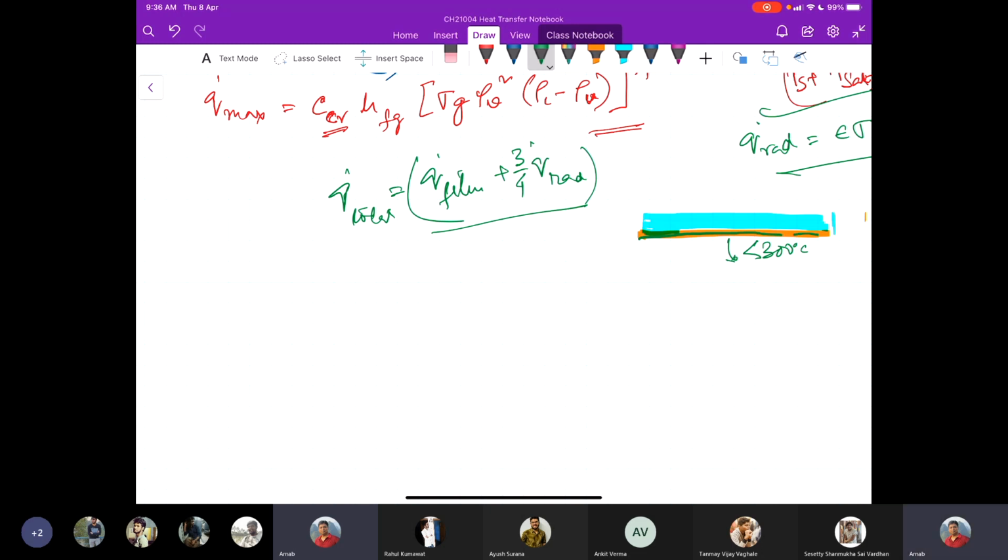It has been shown that, in fact, by a factor of 10 times, you can increase the heat transfer rate, the heat flux. But the point is that this much high heat transfer rate cannot be sustained for a prolonged period, because the effect of the surface roughness decreases with time.